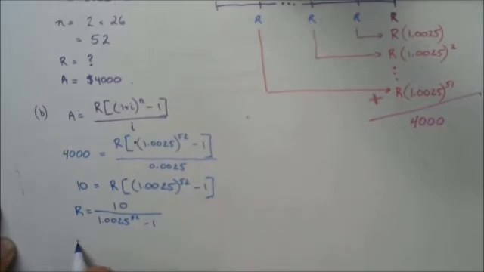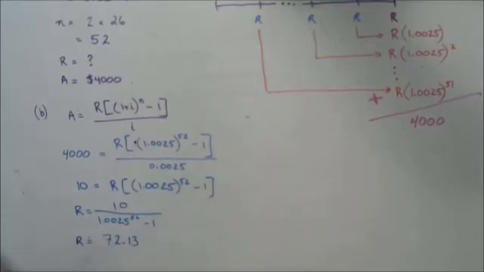We can put that carefully in our calculator. That gives us a regular payment of $72.13. Okay, so Sadia should deposit $72.13 bi-weekly in order to have $4,000 in 2 years.